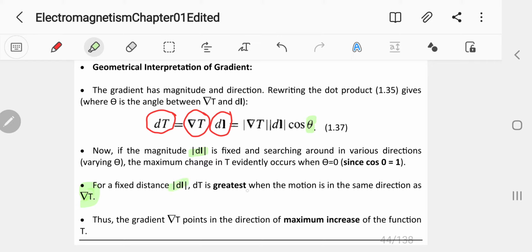So dT is greatest when the motion is in the same direction as your gradient of T. So therefore, the gradient of T points in the direction of maximum increase of the function T, because the greatest value of the derivative occurs when theta is equal to 0. So when theta is equal to 0, both the gradient of T and the dl should have the same direction. And thus, the gradient of T points in the direction of maximum increase of the function T.